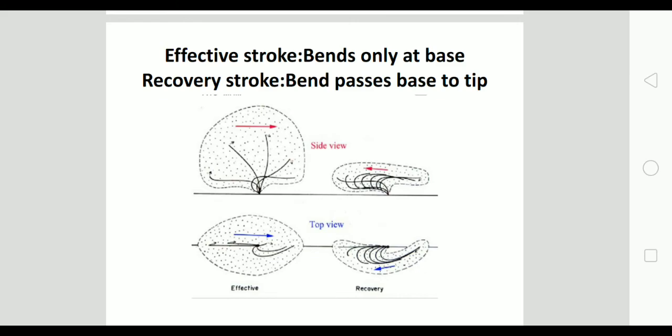In the recovery stroke, the bend of the cilium starts at the base and goes up to the tip. Means cilia beat from base to tip and show a recovery stroke. And due to such types of ciliary movement as well as flagellar movement, protozoans can show locomotion.